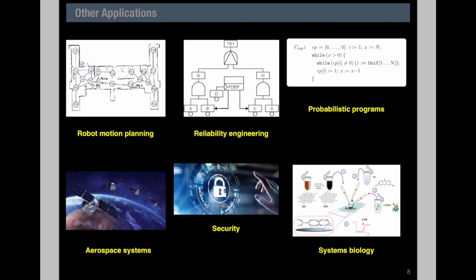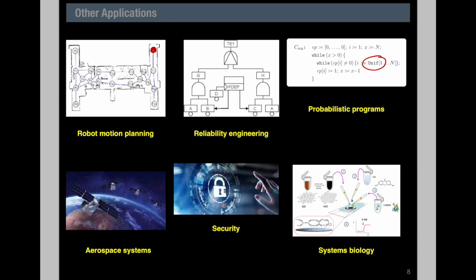Now, probabilistic model checking has several other applications. One of them is on the upper right, a robot moving through a room where it moves probabilistically and it needs to reach, let's say, a certain location, like here. In reliability engineering, it's used. Randomization, of course, is used in probabilistic programs or randomized algorithms, where every now and then you flip a coin, like here.